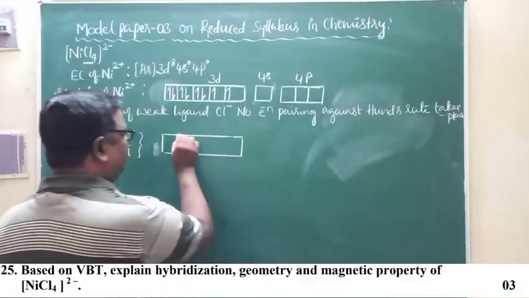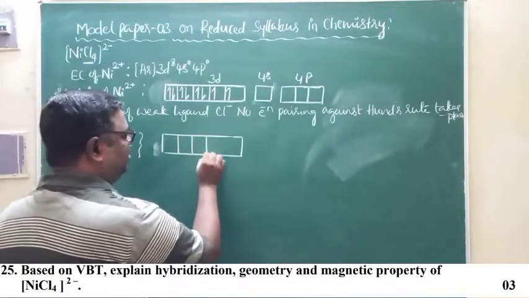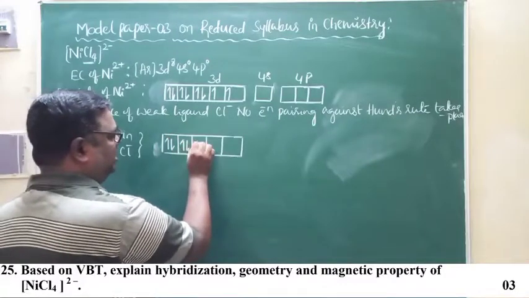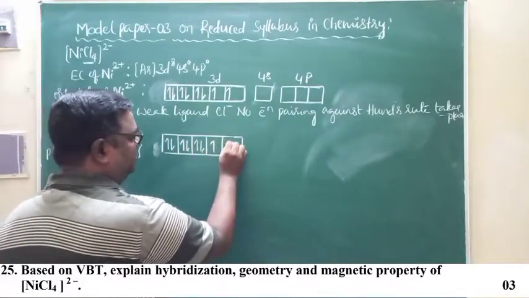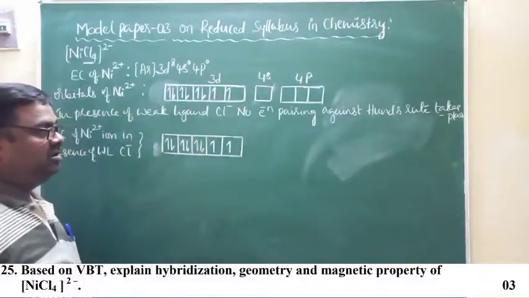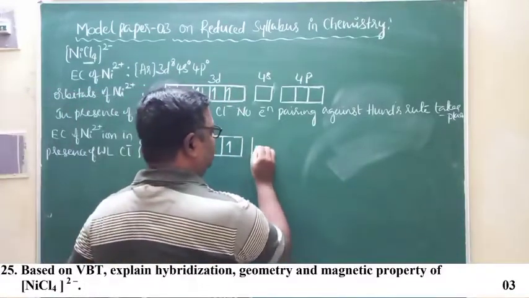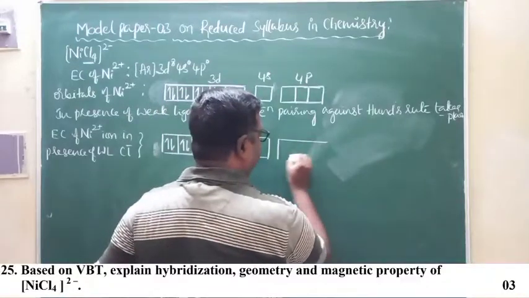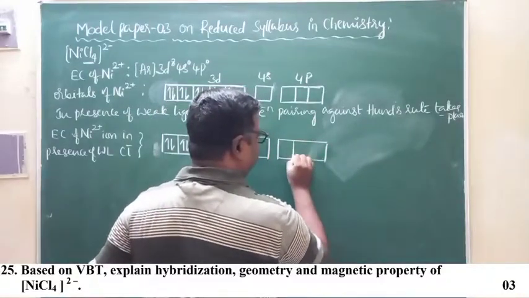There will be no change in the electronic configuration. You will be left with 2 unpaired electrons in nickel plus 2 ion. Look at this, the 4s orbital is empty, and the 4p orbitals are also empty.